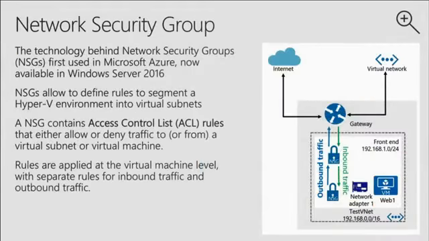Network security group, it's another new feature in Windows Server 2016. It was available first in Azure, now it's available in the regular implementation of Windows Server 2016. And you could implement access control list rules. So you can configure different virtual networks in a virtual environment.